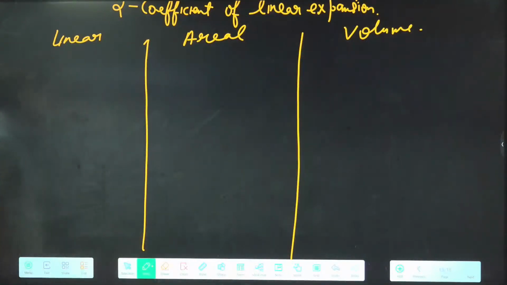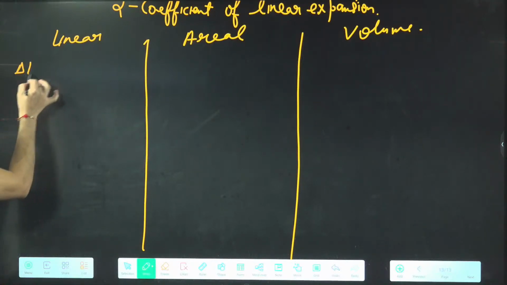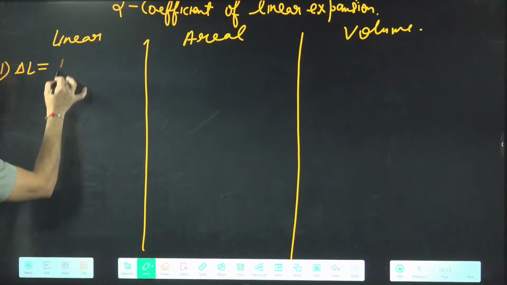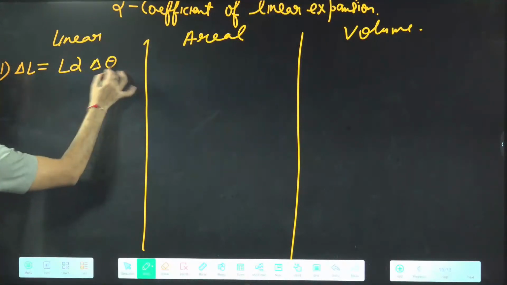Okay, so for linear expansion, delta L, what can I write? Delta L is equal to L alpha delta theta.